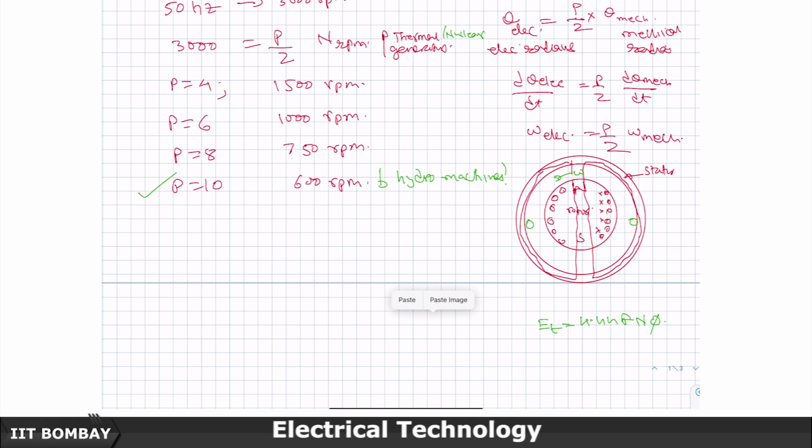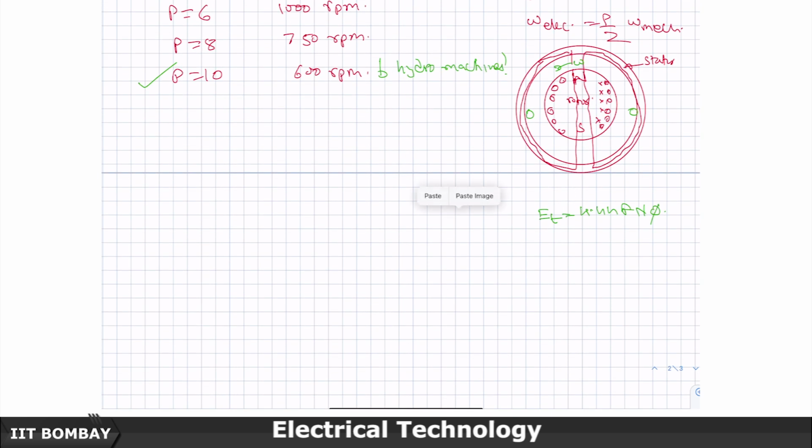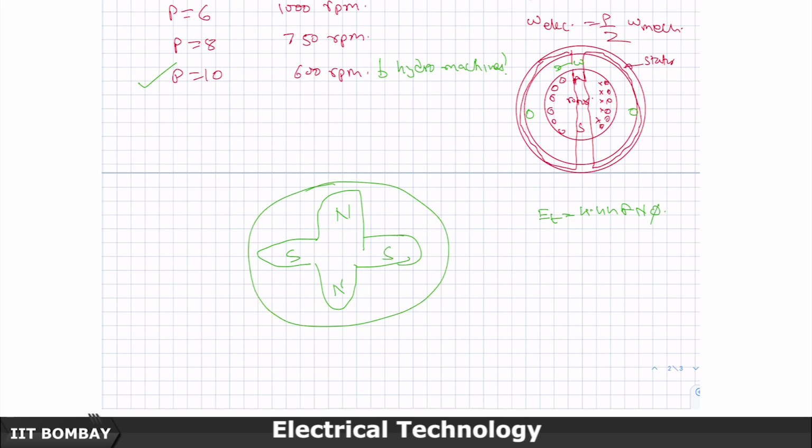But the mechanical speed of rotation would be much smaller, like 600 RPM, and to get it back to 50 hertz you will need many poles: north, south, north, south. Because these are multi-pole machines, you cannot have them on one cylindrical rotor, and that construction will not work.